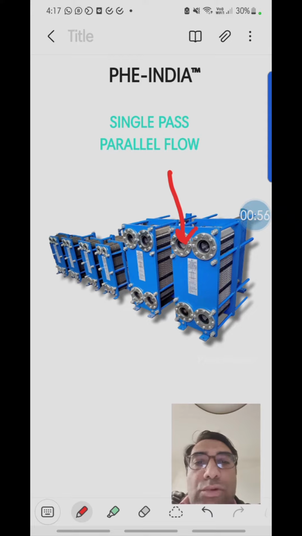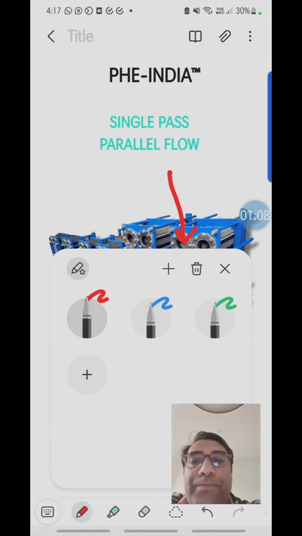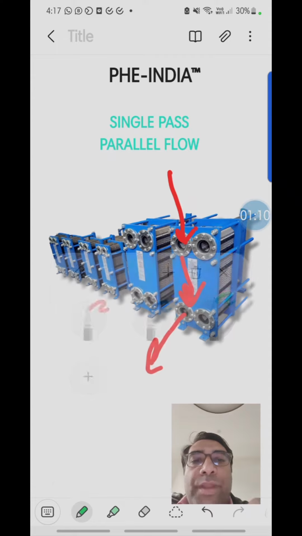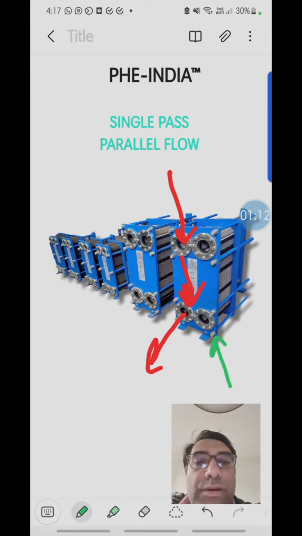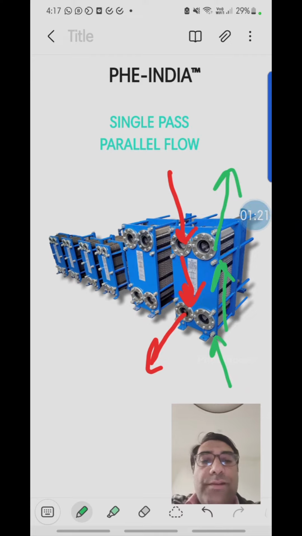In parallel mode it's going to exit the bottom left, so it's going to remain on the left side only, and the cold side, which is basically the secondary media, is going to enter the bottom right and exit the top right. So this is the parallel configuration. The hot side remains on the left side and the cold side remains on the right side.